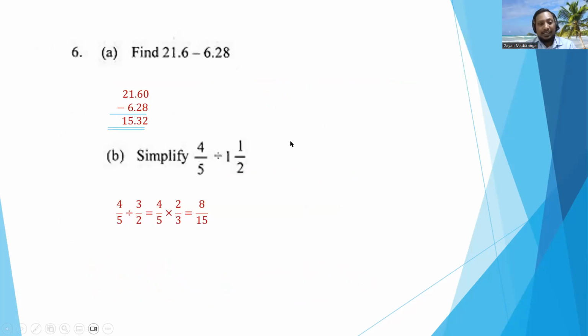Okay, question 6. Let's see how easy that is also. Find 21 minus 6.28. What do they expect here? You see a decimal point here, a decimal point here. If you write it like this, that is the biggest mistake, right? Remember, when you write the numbers, the decimal points should be in the same vertical line.